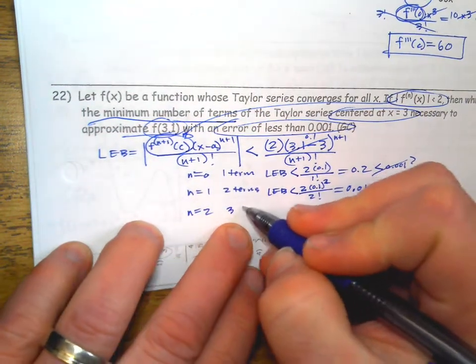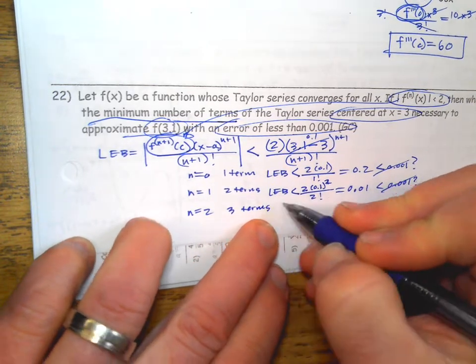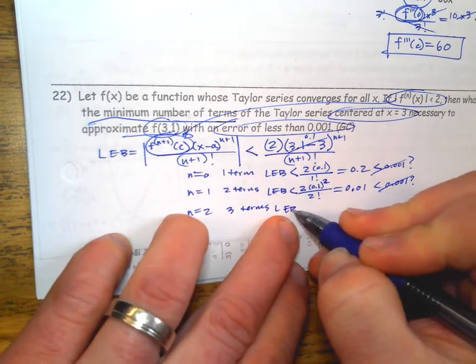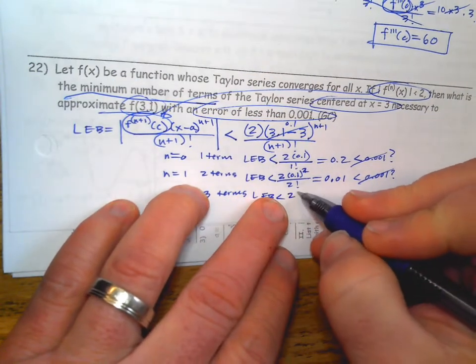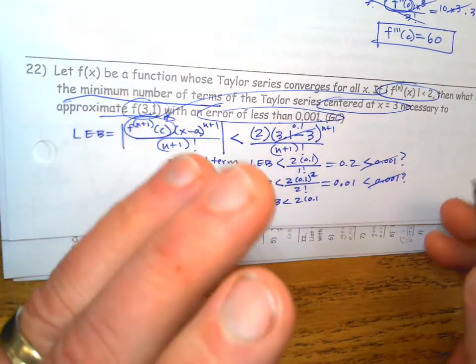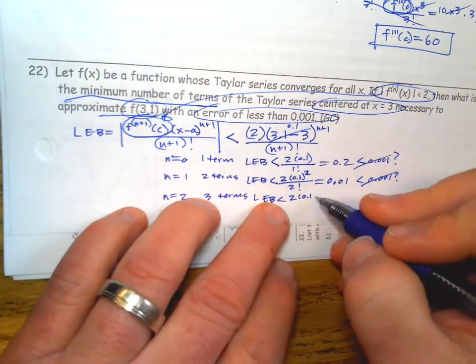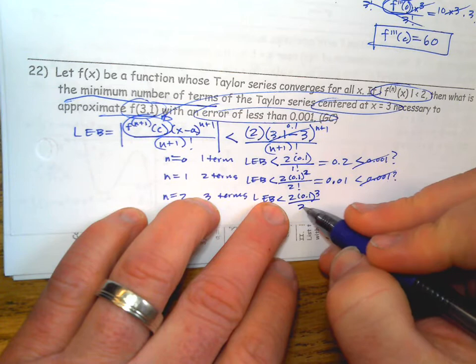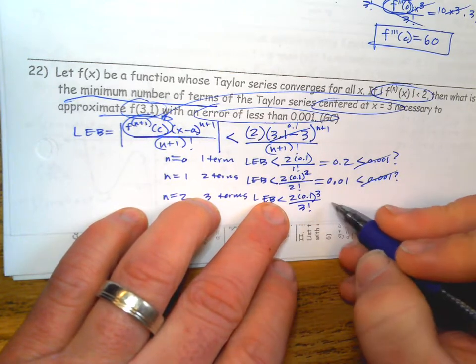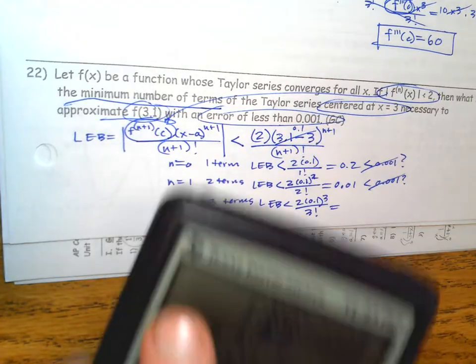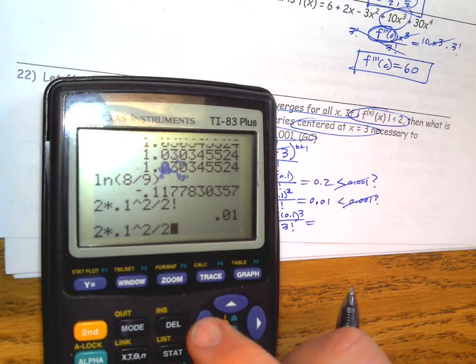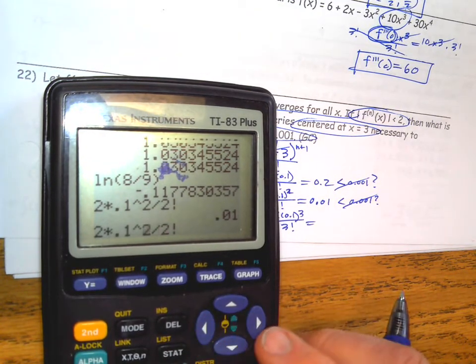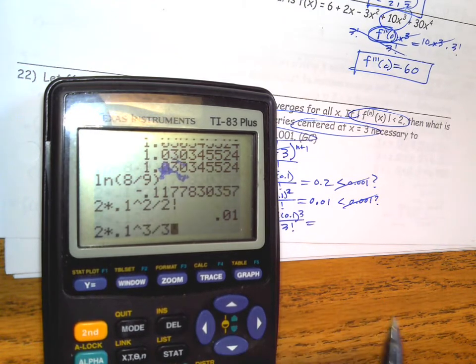Okay, we'll try 3 terms. Now, if you feel confident, you can skip some of these, but if you overshoot, you better go back and work backwards until you get it just right. If I just took 10 terms, it'd probably be good, but I want the minimum number of terms. Now, here's what I'm going to do. I'm going to use my previous calculation, second enter, and just change that to a 3 and that to a 3.